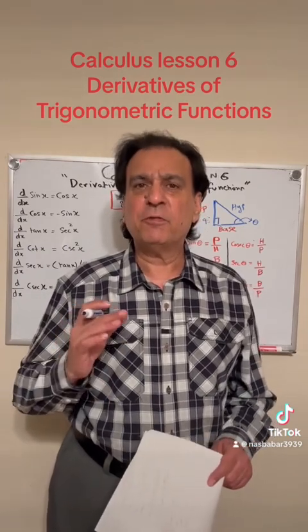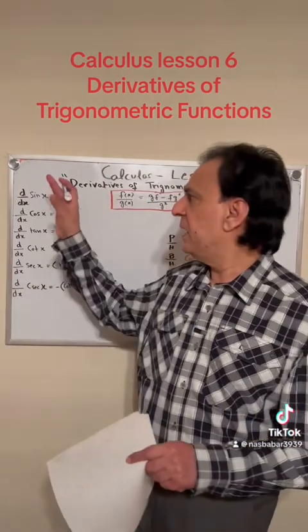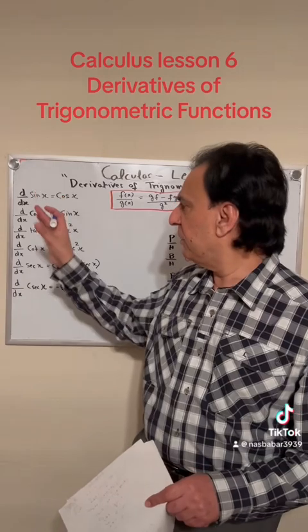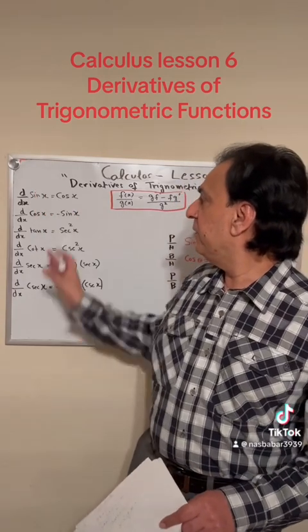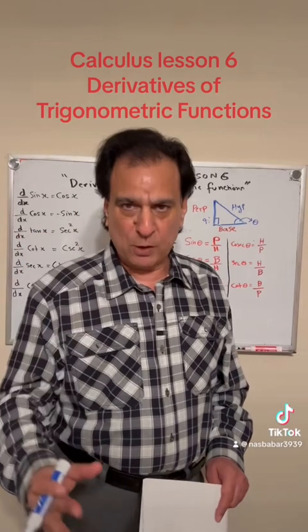I think that refresher would help. Then in my next lecture, I can come back and we can look at these derivative formulas right here, and then we can solve some problems also.